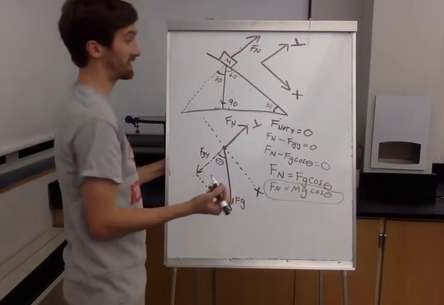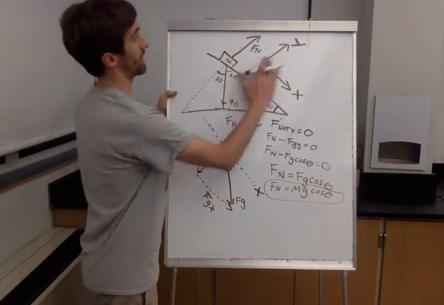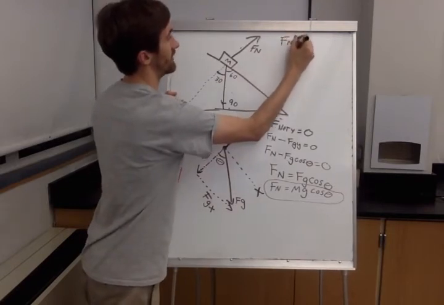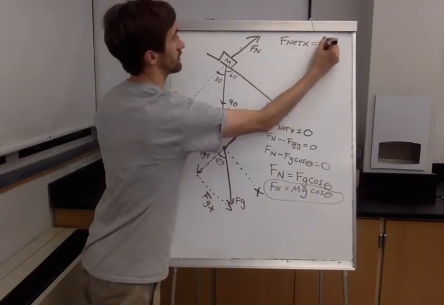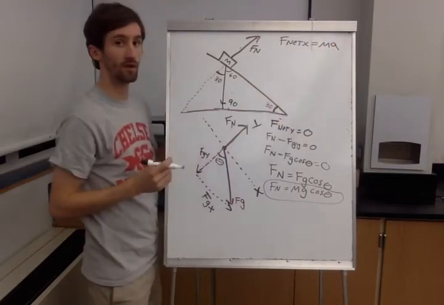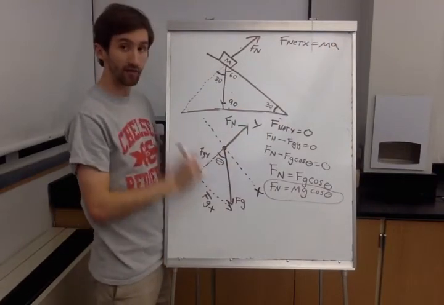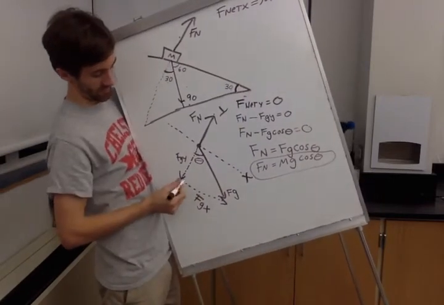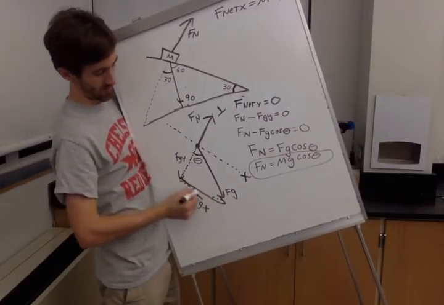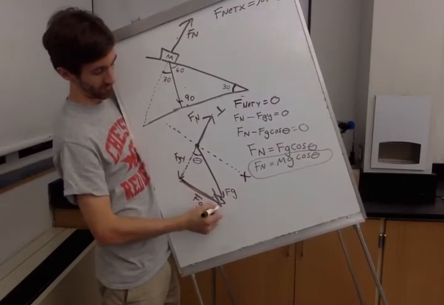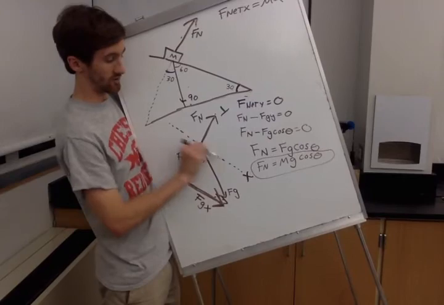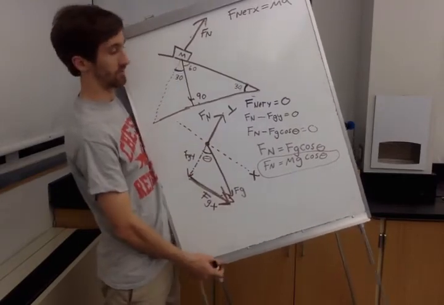If I do the x direction, and we'll do it up here, F net x equals ma. The only force I have going in my x direction, if I turn and look, is this component of gravity here. That is pointing in the x direction. This is my positive x direction.